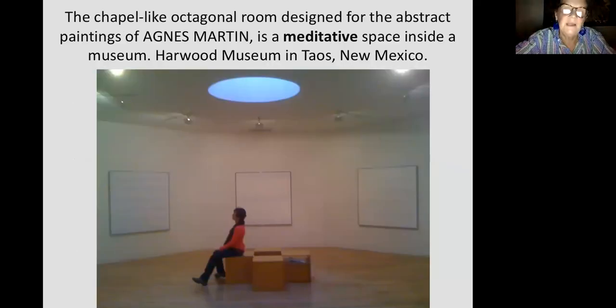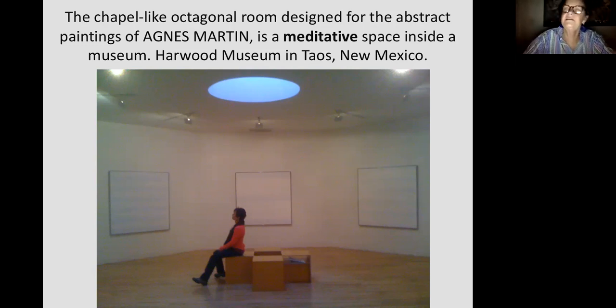But even in Taos, New Mexico, where Agnes Martin spent the end of her life, they have in the museum created an 8-sided room for her paintings with Donald Judd boxes for people to sit on as they contemplate them.